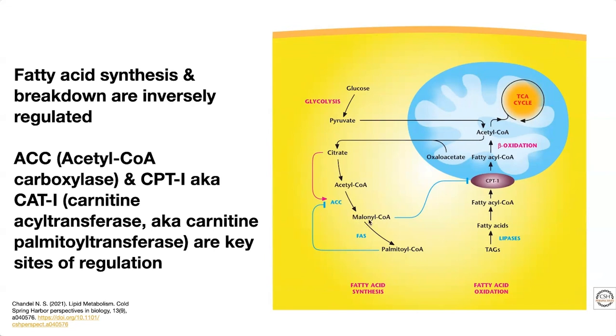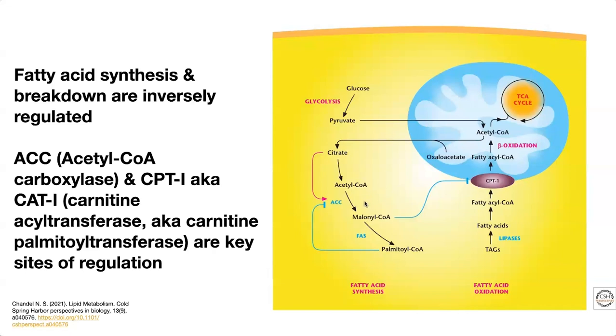We can have malonyl-CoA negatively regulate our CAT1 or CPT1, this thing that was going to take that fatty acyl-CoA and basically hook it on to carnitine to get it into the mitochondria. Rather than taking these groups into the mitochondria, we want to stop that, and so malonyl-CoA is going to inhibit CPT1.